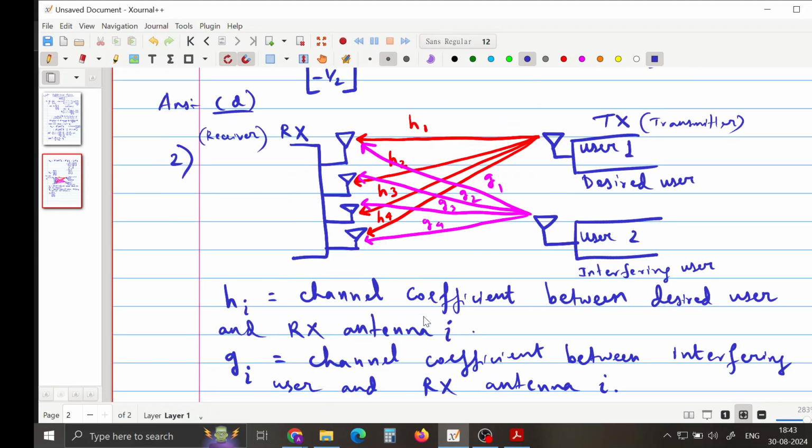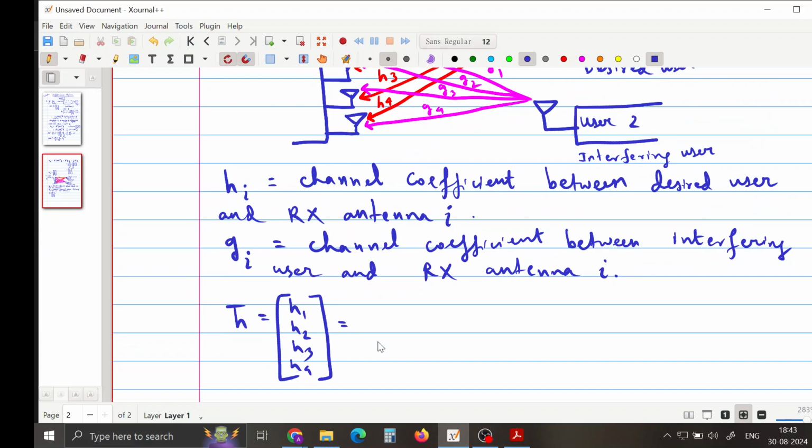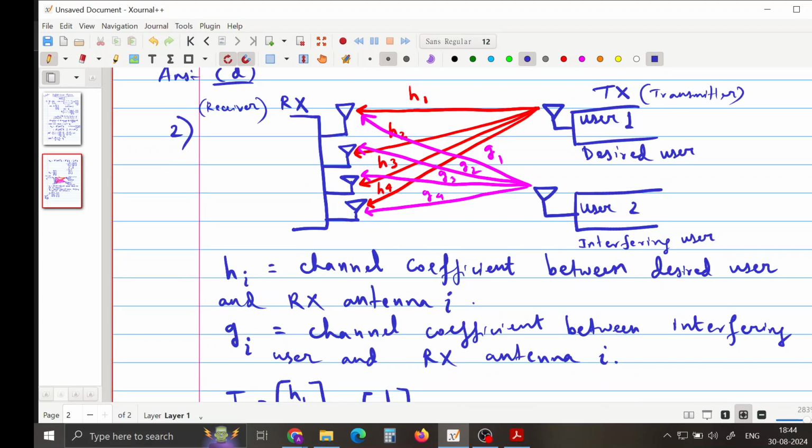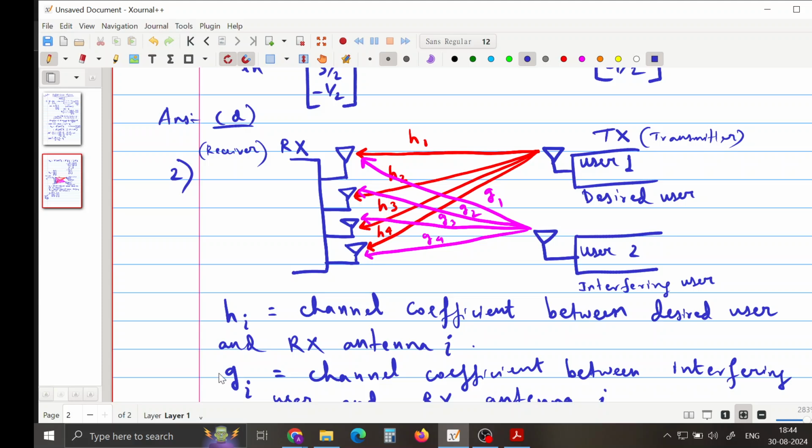Because my Hi are the coefficients between the desired user and the receiving antennas. This is given in the question. The vector is 4x1, because there are 4 such links, since there are 4 receiving antennas.